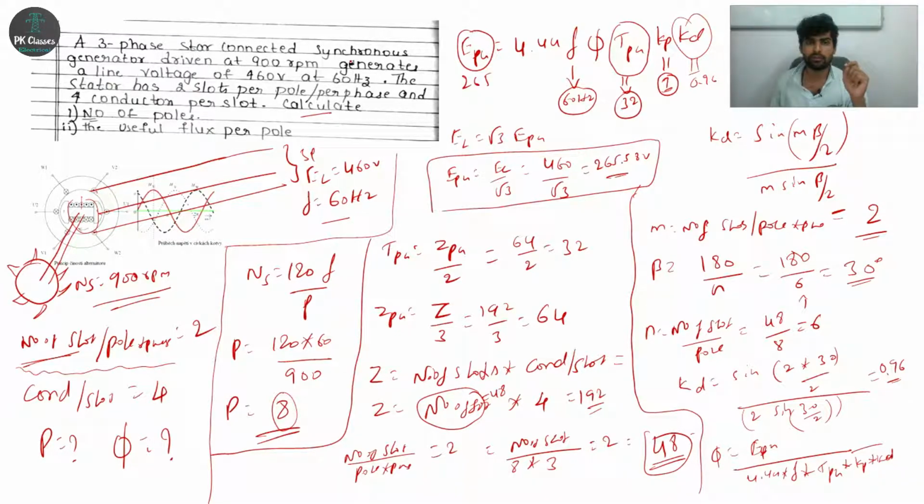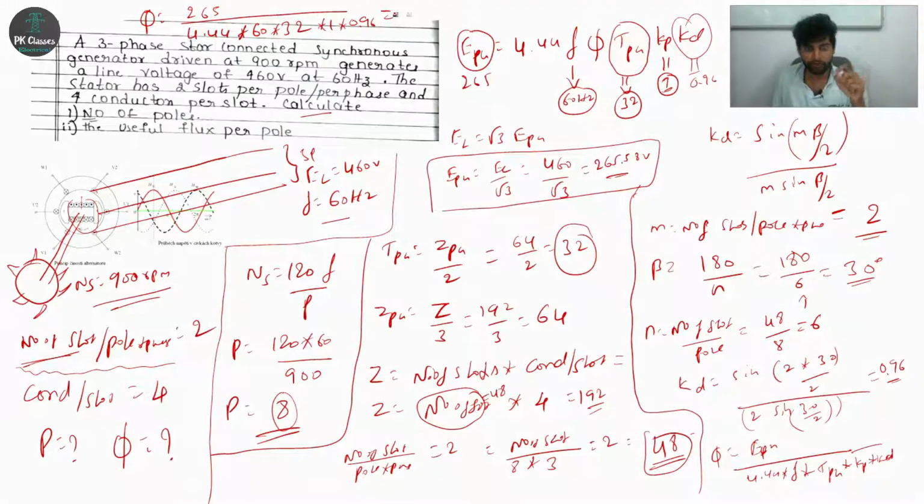Just substitute the values. Flux is equal to E phase, 265, divided by 4.44, frequency they have given 60 Hertz, into T phase we got here 32, into Kp is 1, Kd is 0.96.